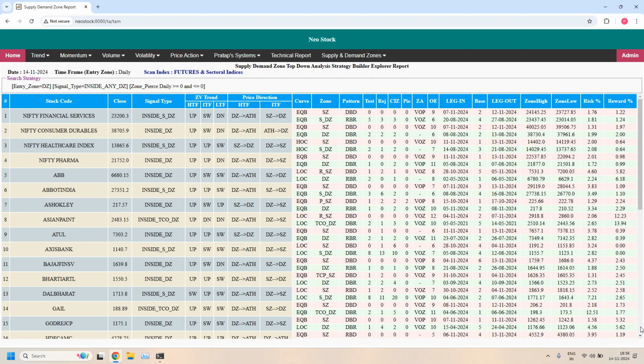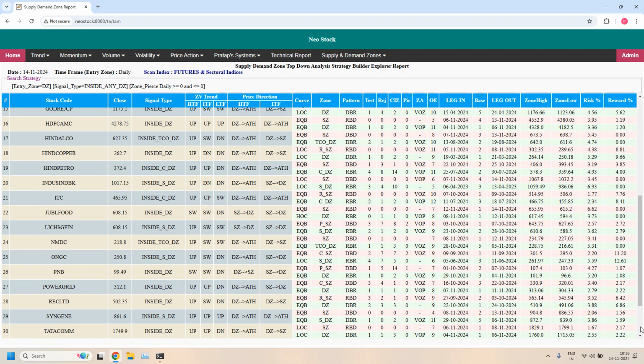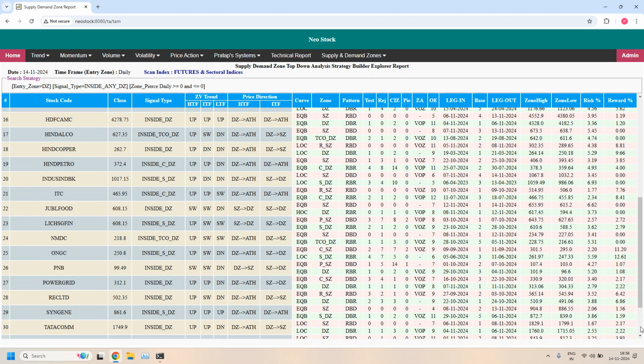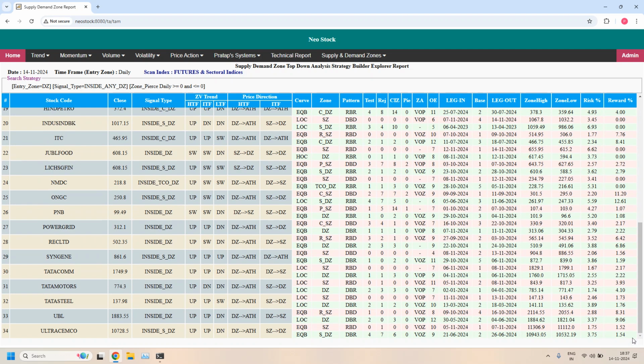These are the first 15 stocks. I'm scrolling the list down. 30 stocks. Again scrolling the list down. So total 34 stocks are filtered where price closed inside the daily demand zone.